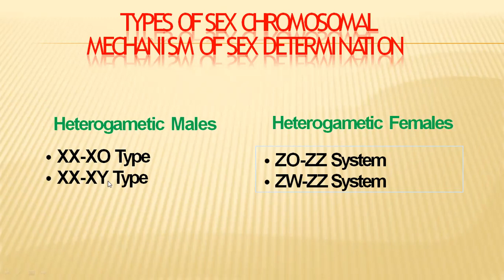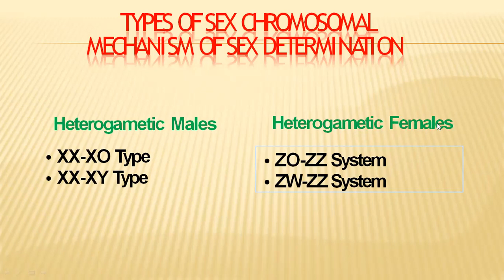In the XX-XY case, half of the sperms have the X chromosome and the remaining half have the Y chromosome. Here the females produce similar gametes in terms of sex chromosome. Each ovum will have one X chromosome. But in males, half have an X chromosome, and the remaining half have either a Y chromosome in the second case or no sex chromosome at all in the first case.